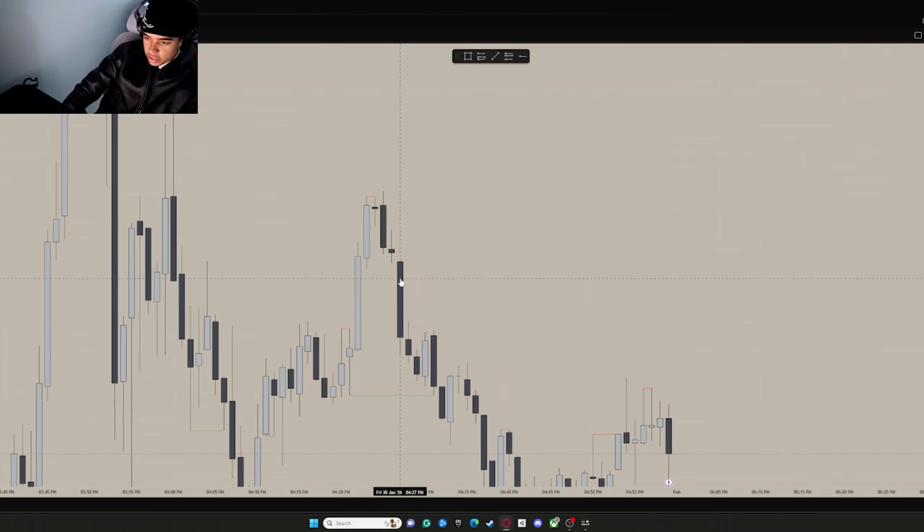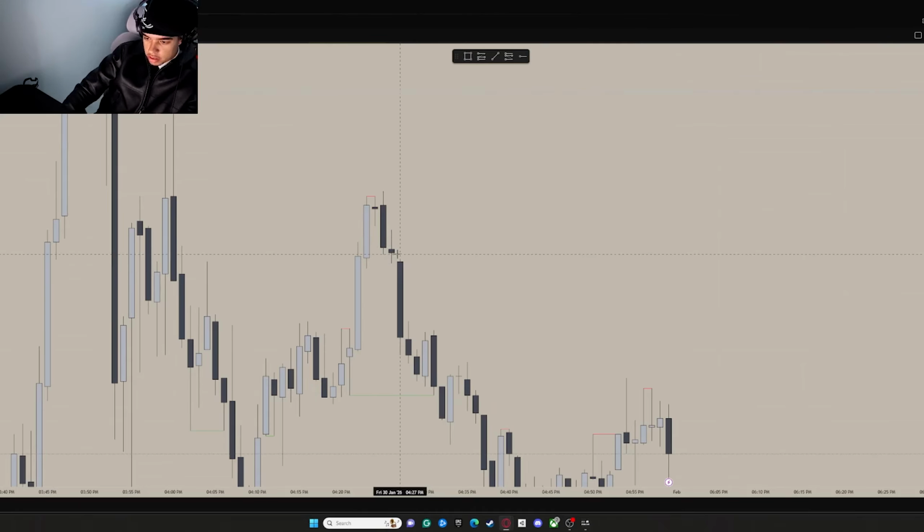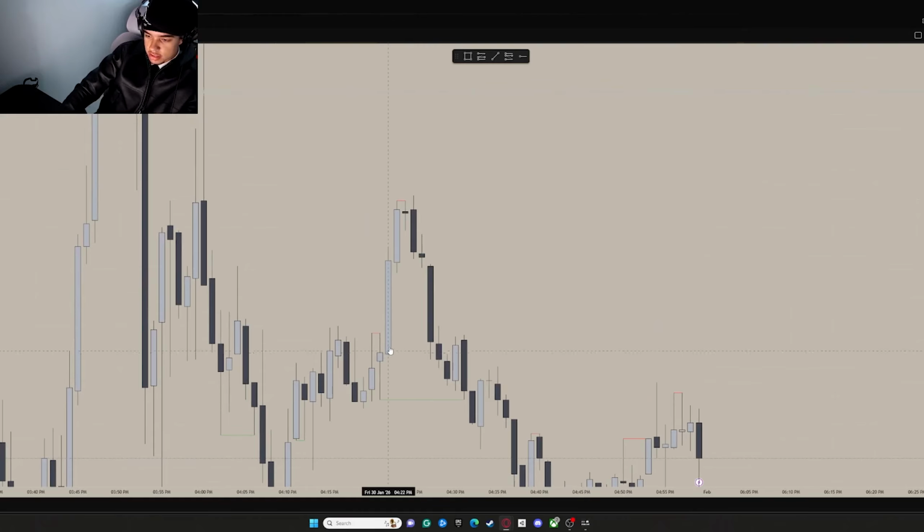What does a red candle going down mean? Ignore everything else, just this individual candle. Correct, if anyone said bearish, you're right. So this is a bearish candle, and this is a bullish candle. This is green and red, how it'll be on your normal chart.